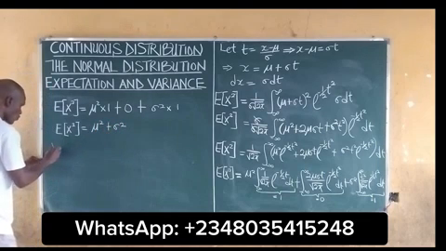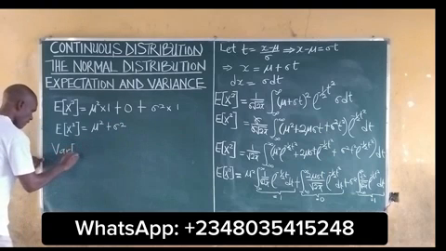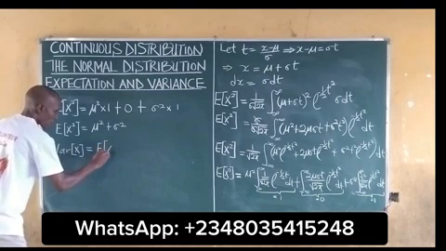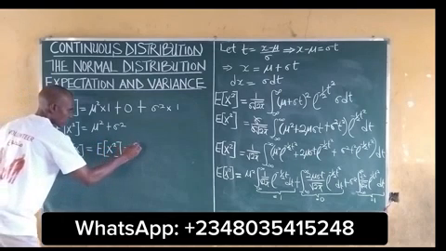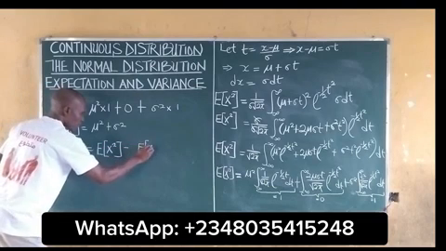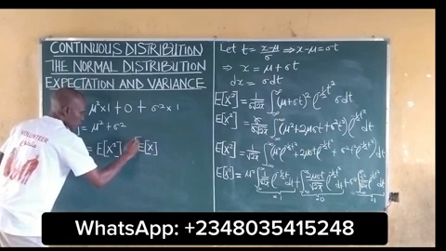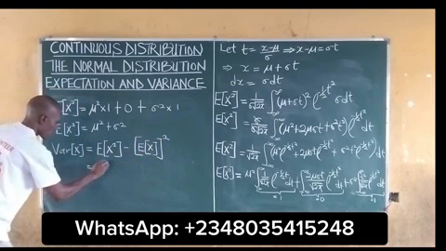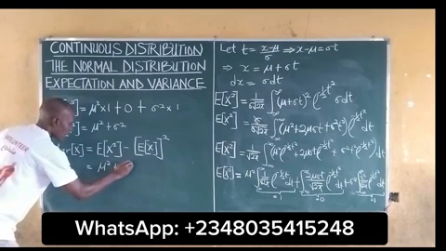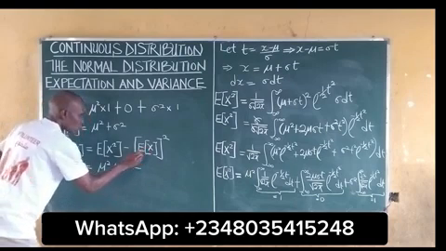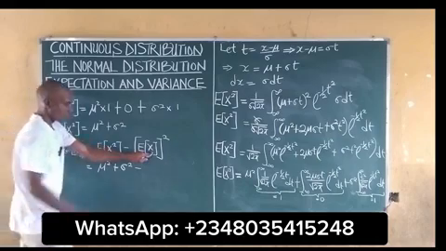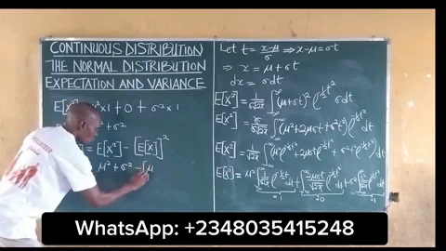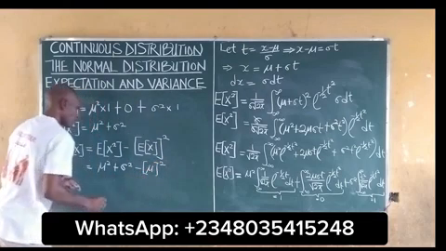squared. Of course, we know that the variance of x is equal to the expected value of x squared minus the expected value of x all squared. And we have this to be mu squared plus sigma squared minus, we have our expected value of x, which was written here to be mu. Because of this square, it turns to mu squared.